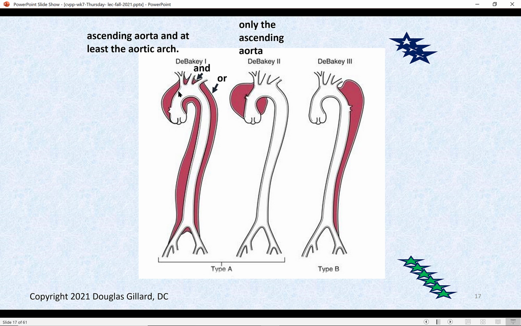So it has to be the ascending aorta plus something. Remember, Stanford A has to involve the ascending aorta, but it doesn't care if it involves another part of the aorta or not. DeBakey 1 has to at least go into the aortic arch, or it has to be down here. You have to have two separate regions. DeBakey 3 has to be the descending aorta only.